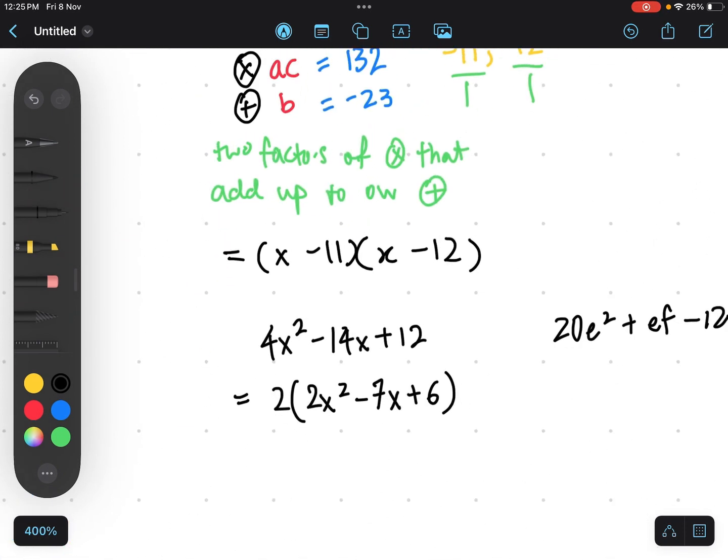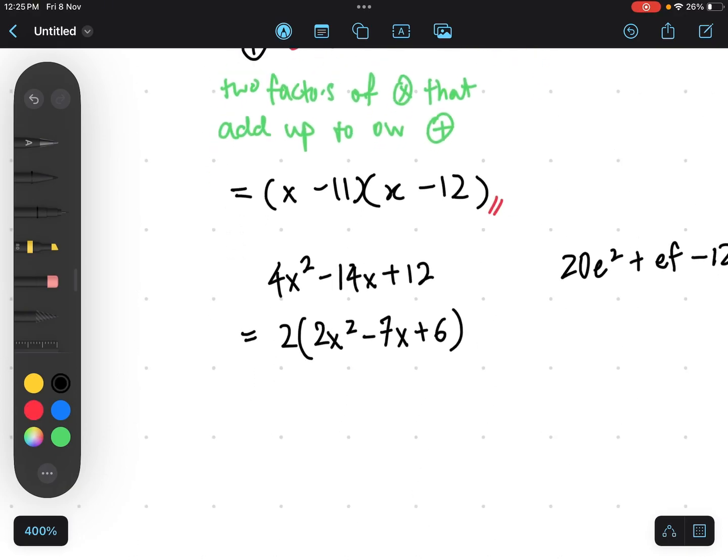So now we find a multiplication number, which is 2 times 6, which is 12. And our addition number is b, which is minus 7.